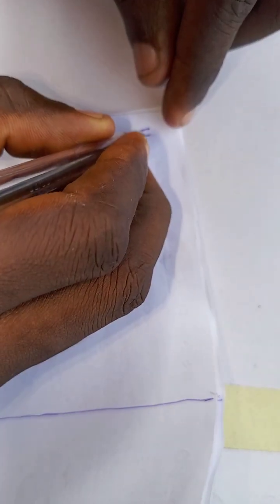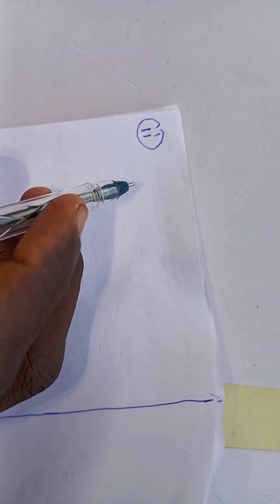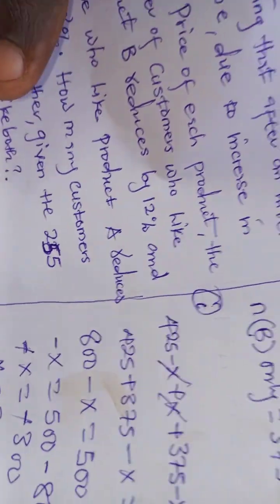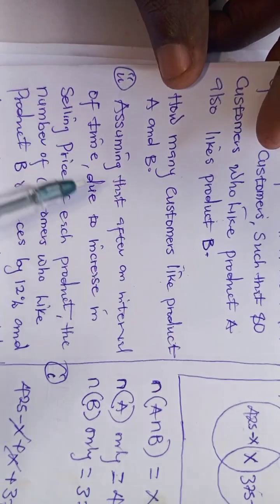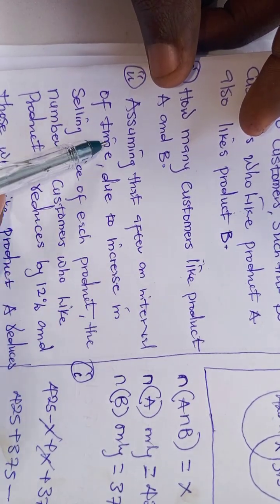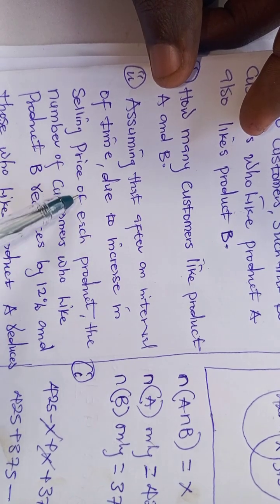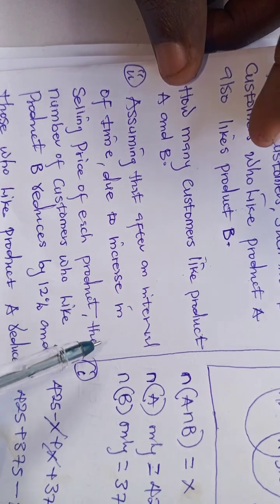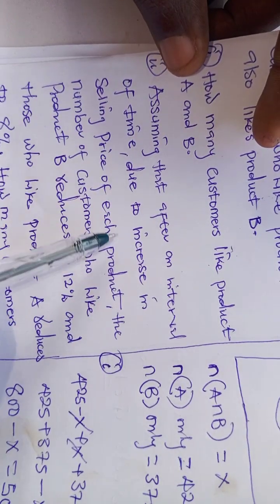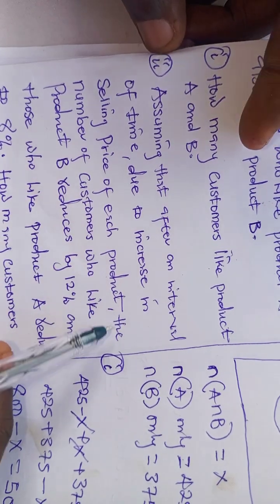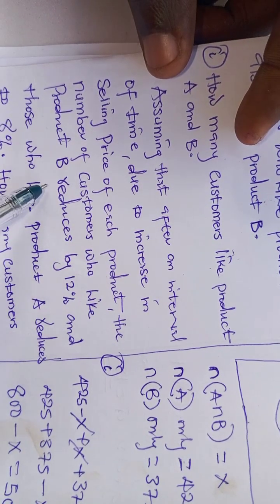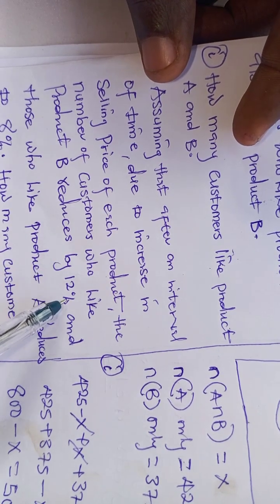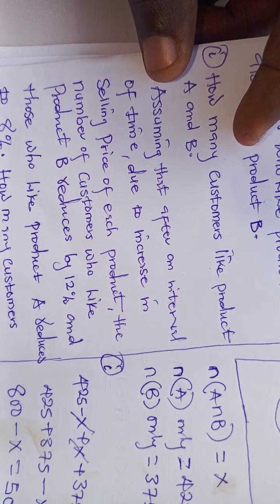Question II reads, it says we should assume that after an interval of time, due to increase in selling price of each product, which means for A and B products, the number of customers who liked product B reduces by 12%, and those who like product A reduces by 8%.